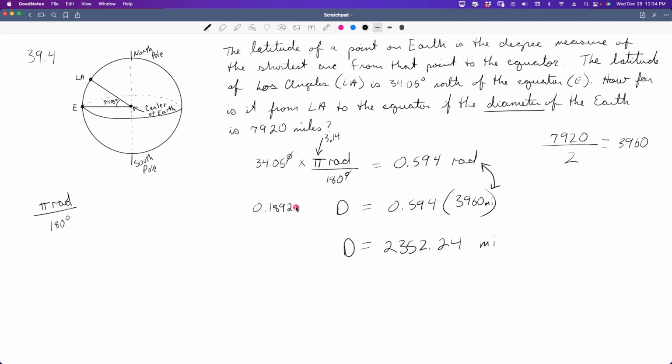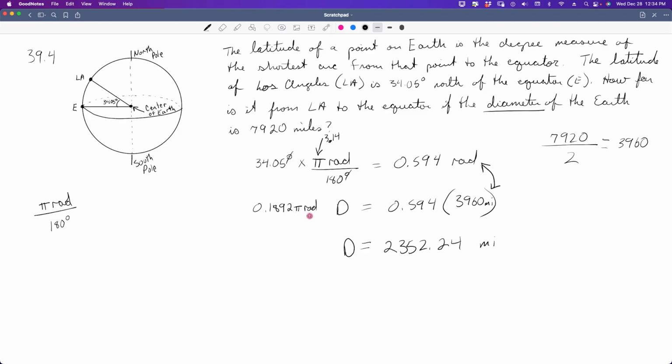That would be what you'd have in radians. So you would have 0.1892 pi times 3960. Well, we're past the point of leaving pi when we are having a very difficult or lengthy calculation. You now have permission to sub in 3.14 to get an actual distance, right?